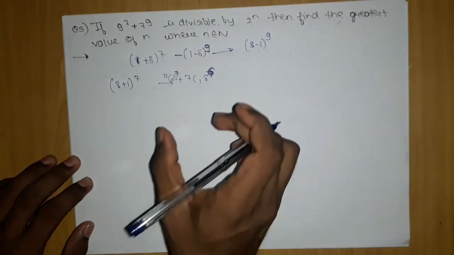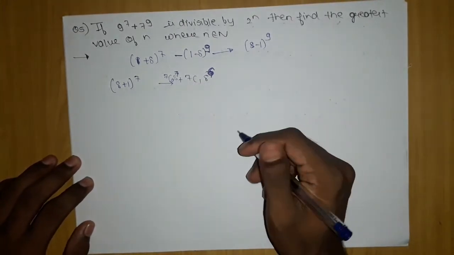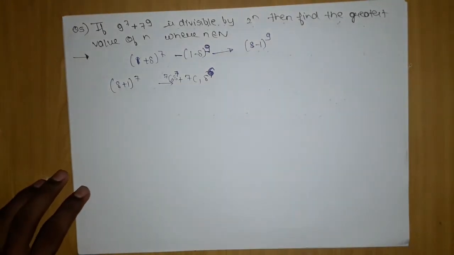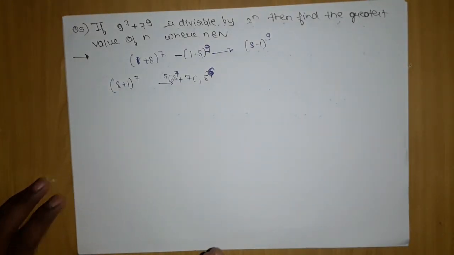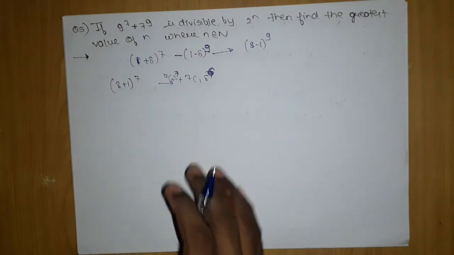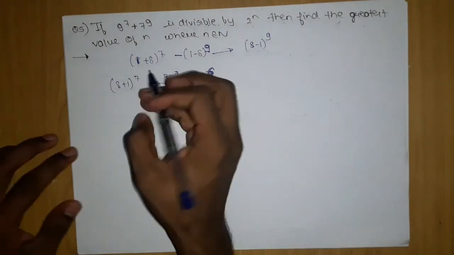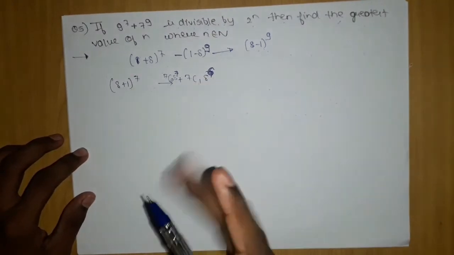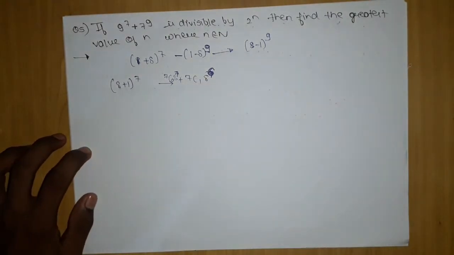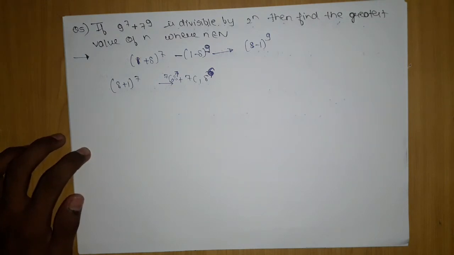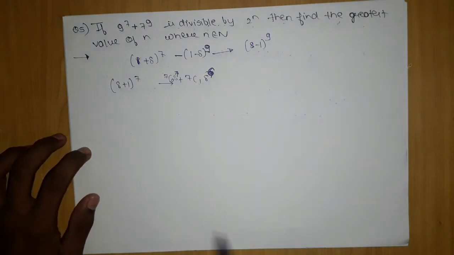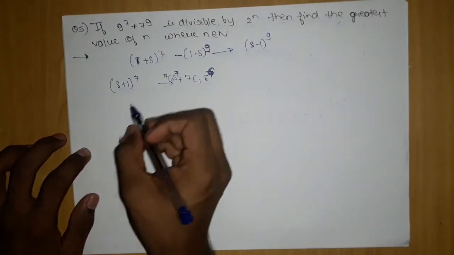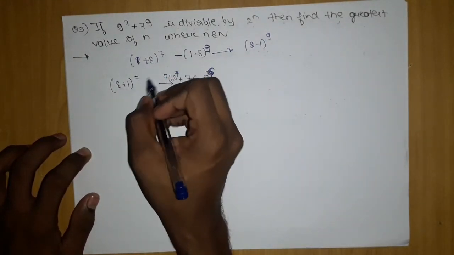So you will get higher powers in the starting only, which will make it difficult to remove terms, and in the end you have to take the terms also, so it doesn't feel suitable. So always try to write it in 1 plus 8 format, because in the starting if 8 power 1, 8 power 2 like this term appears, then you can easily classify the lowest power and remove it easily when it comes to finding the greatest value of n. So that is our intention, to write 1 plus 8.